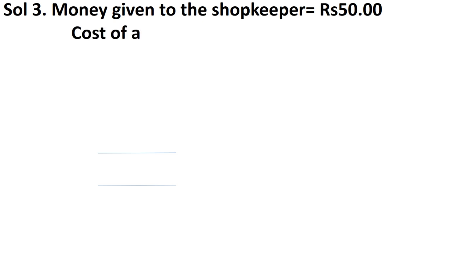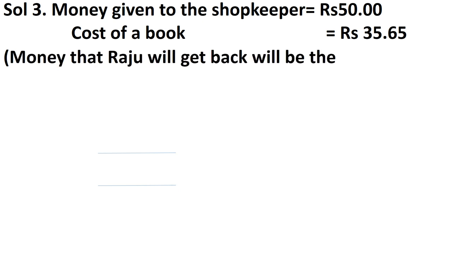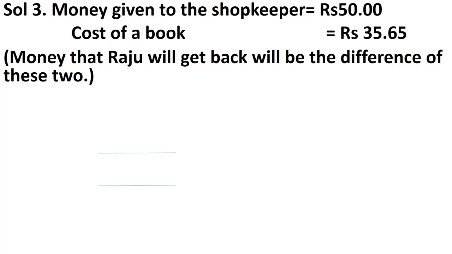What is the cost of a book? Rupees 35.65. So how much money he will get back? He will get back the difference of these two. Money that Raju will get back will be the difference of these two. Okay, this line there is no need to write down.